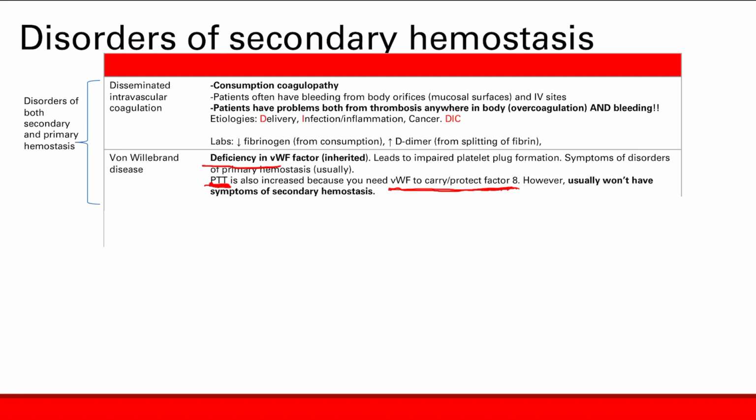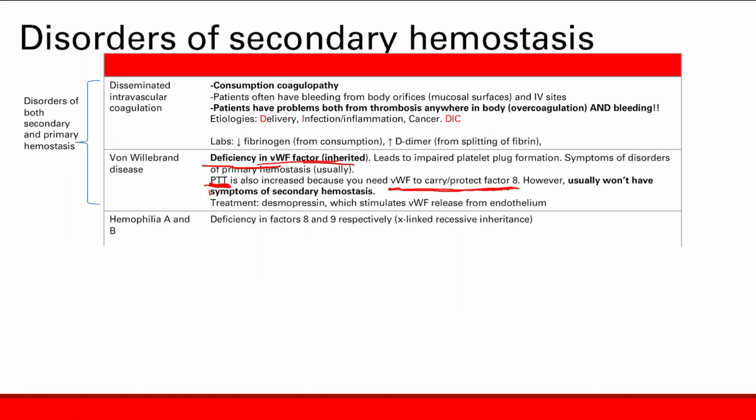So while we're at it, what were the symptoms of secondary hemostasis? Remember we said it was the deep tissue, deep joint bleeds. You can have large bruises, aka ecchymoses. You can have surgery rebleeding, and you usually don't see this in patients with this inherited disease of von Willebrand factor disease. Okay. Next is hemophilia A and B.